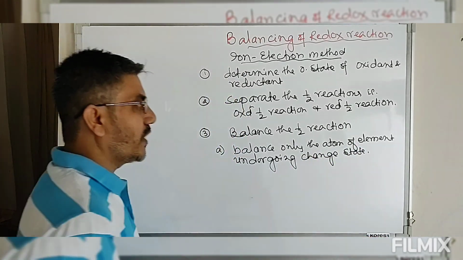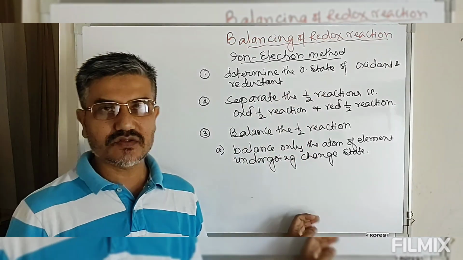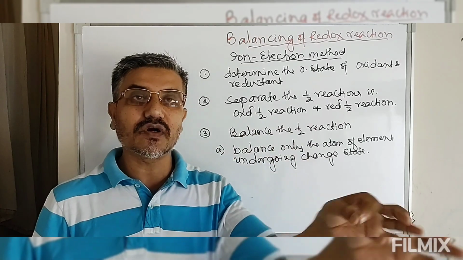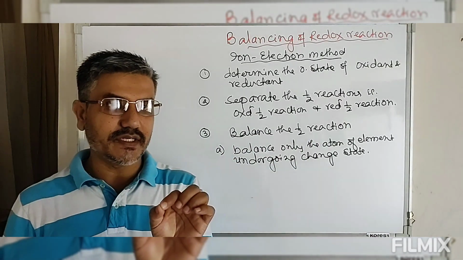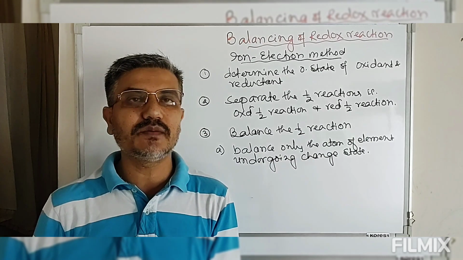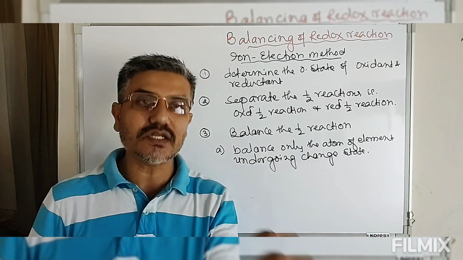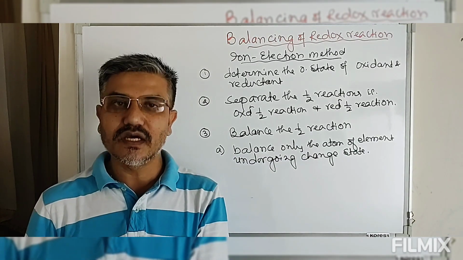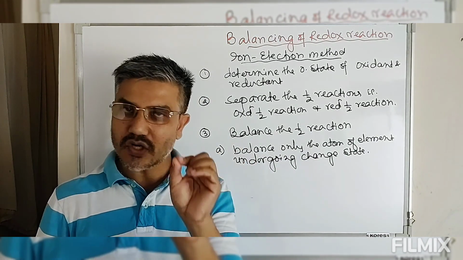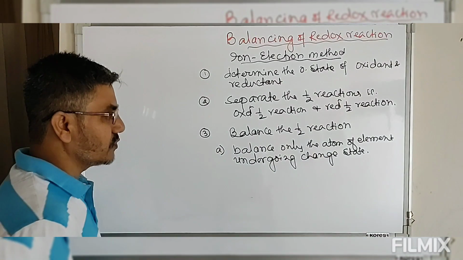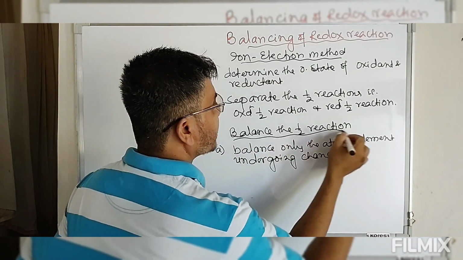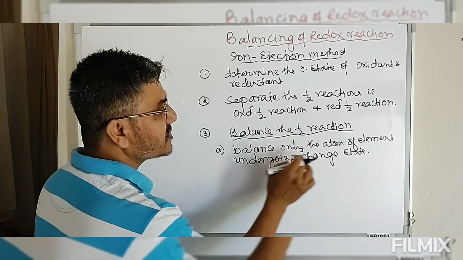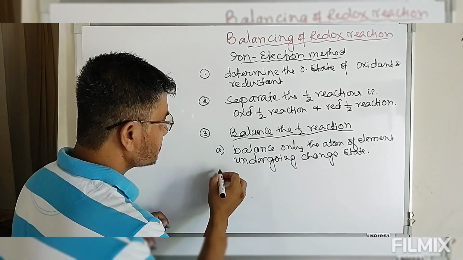That means while we write these half reactions, we will have in front of us a particular component that is undergoing a change in oxidation state. So the atoms of that particular element which is undergoing oxidation or reduction, we have to balance only the atoms of that element for which there is a change in oxidation state. So this is the meaning of the first rule. To balance this half reaction, the first step is to balance the atom of the element undergoing change in oxidation state.